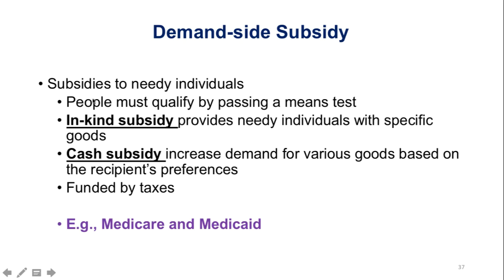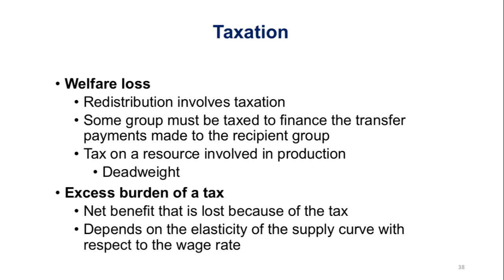Medicaid is a good example of in-kind subsidies, and there are sometimes cash subsidies for both Medicare and Medicaid, and also for those dually eligible for Medicare. With taxation, there is a welfare loss because we are distorting the market by changing the prices. So there is a welfare loss by redistribution.